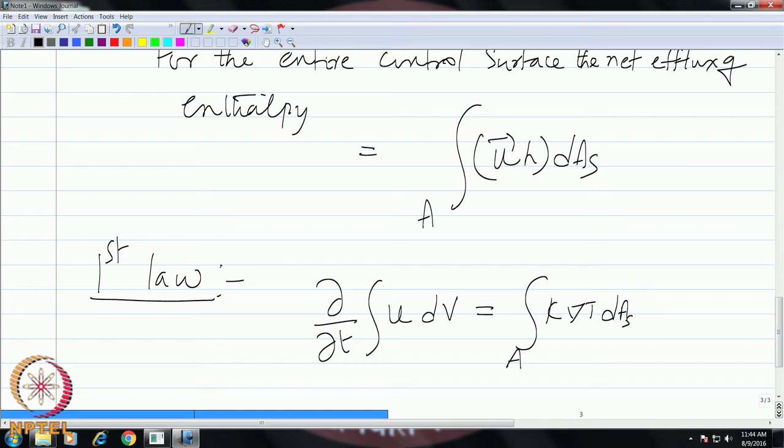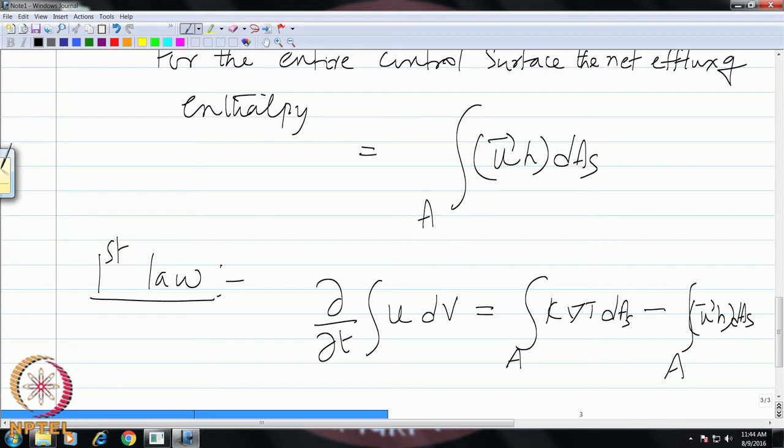So, net efflux of enthalpy also results in a change in internal energy. Because the net efflux is leaving the system, that should come on the right hand side with a minus sign. So, you have this integral of u h into dAs. Is that okay?